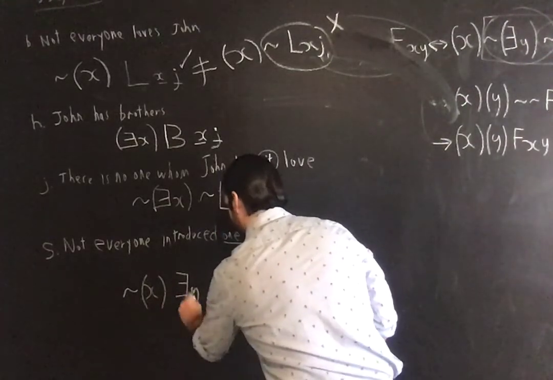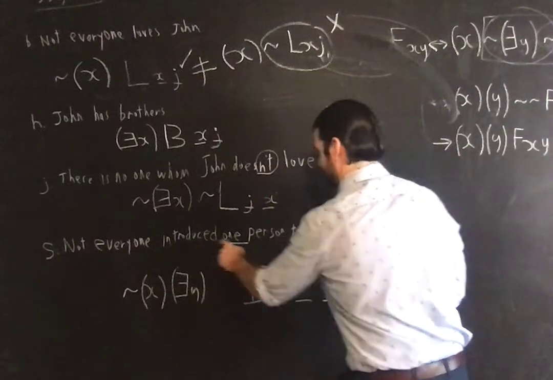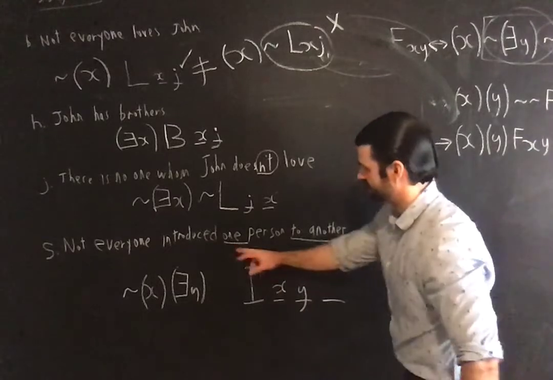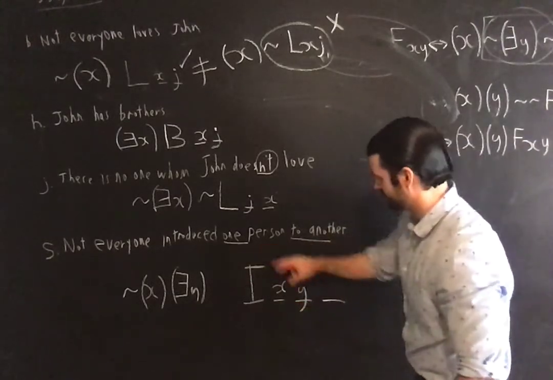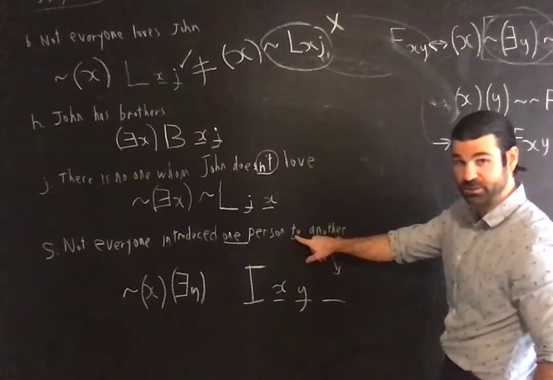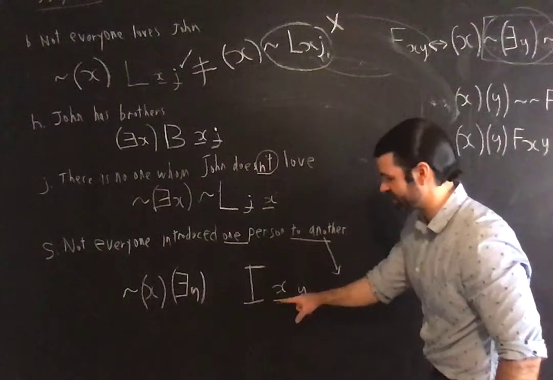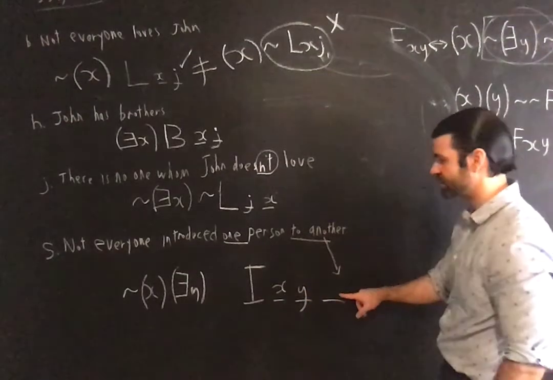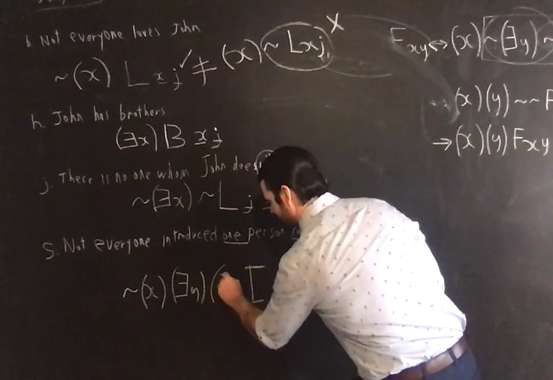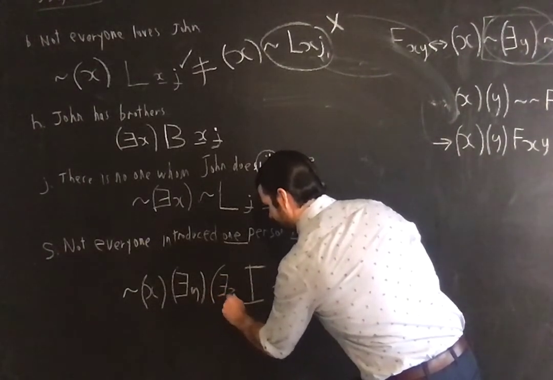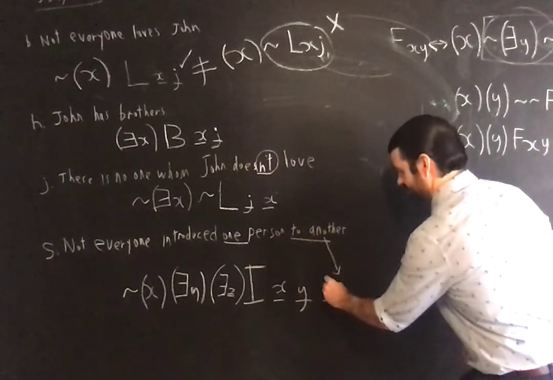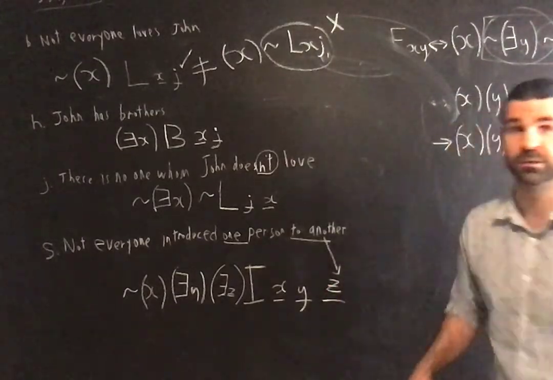There exists a Y. This is one person, and now that Y is here, it's X introduced Y to Z. So the definition of the propositional function is X introduced Y to Z, and both of them get existential quantifiers. It's not the case that for all X there exists a Y and there exists a Z such that X introduced Y to Z.